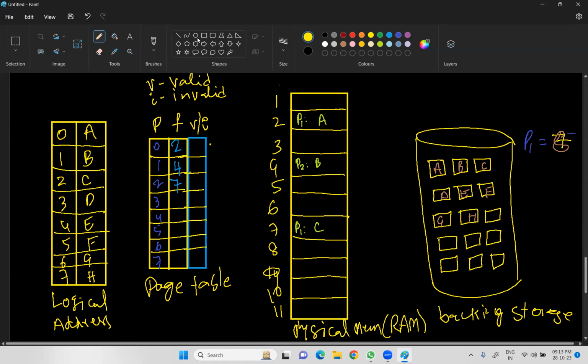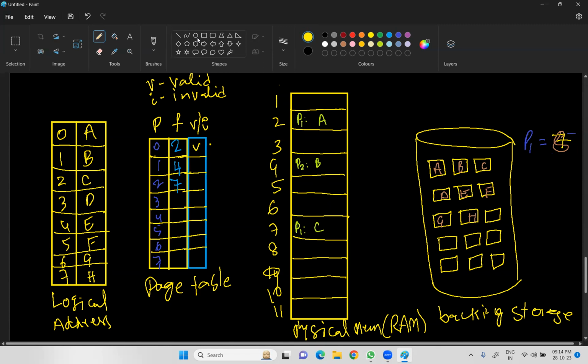One more column was added here. So the 0th page is required by me, whether it exists within the physical memory or not. Yes, it exists. Since it exists, it is valid. So the valid bit refers to that: if a particular page is available in a frame of physical memory, then the bit will be set to V. Valid means that if the CPU wants to execute some set of instructions, those instructions are available with page number 0.